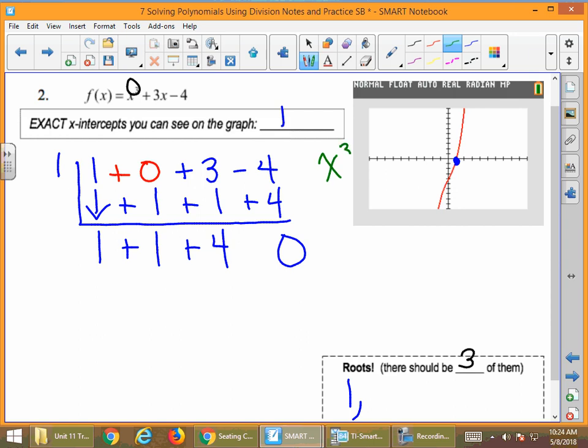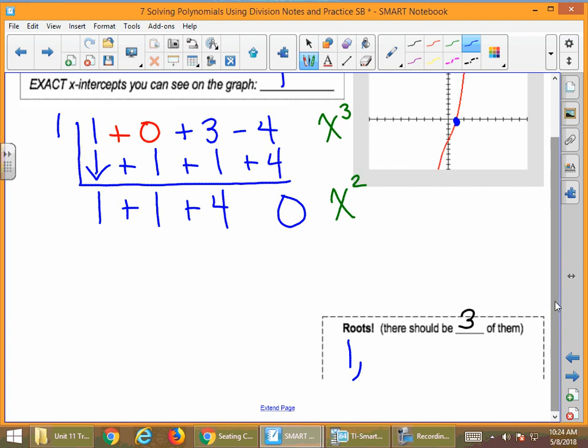But we started with an x cubed polynomial, which means when we divide synthetically, we're going to have one degree less. So now our problem is 1x squared plus 1x plus 4.